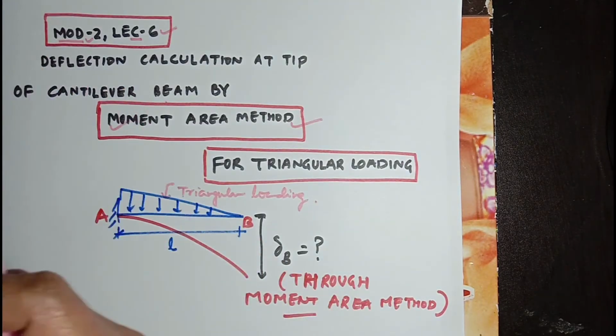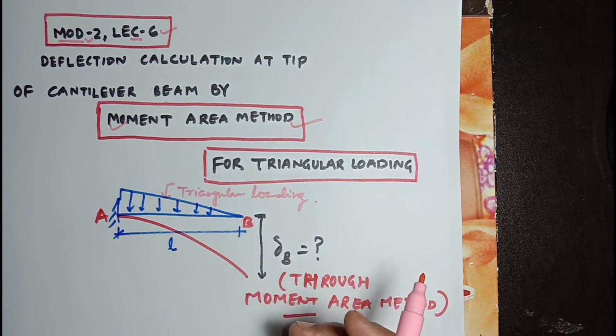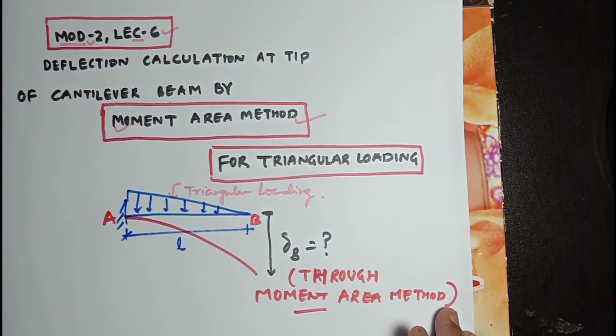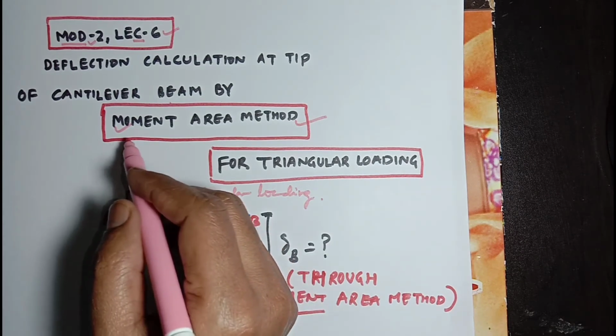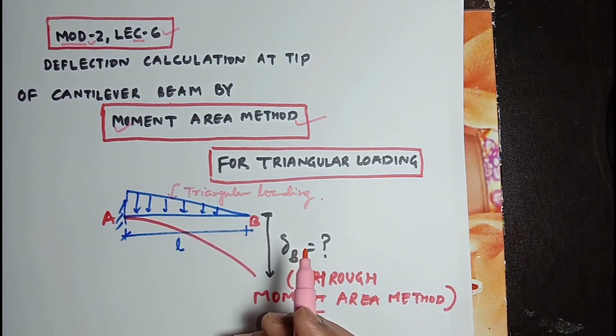Now I'm going to find the same calculation for deflection at point B, but right now we will use the moment area method for the same example.